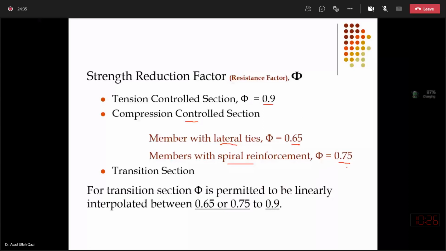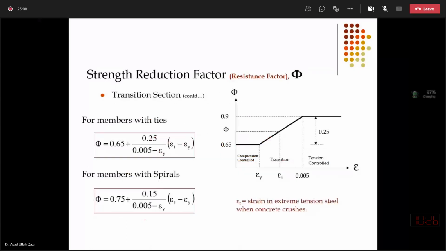with ties. However, in case of transition reinforced cross sections, phi will be linearly interpolated between 0.65 to 0.9, or if they are spiral reinforced, 0.75 to 0.9. How will we do this linear interpolation to determine phi for such transition reinforced cross sections? So this picture will help you to do that linear interpolation.